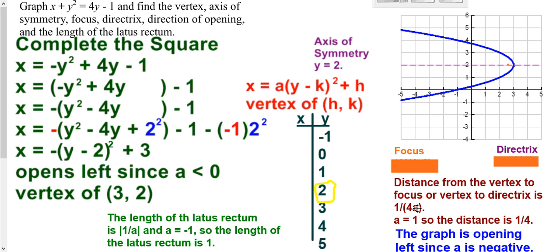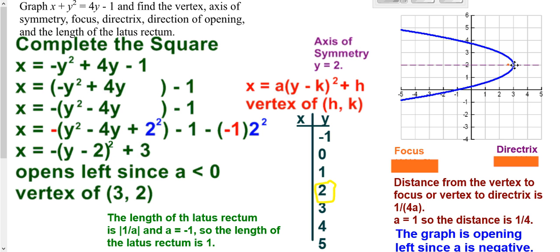So we plug that in and get 1 over 4 times negative 1, which is 1 over negative 4. But remember, it's absolute value, so that distance is 1/4. Now, we were opening to the left, so we need to go 1/4 to the left of our vertex. If we were opening to the right, we'd go 1/4 of a unit to the right.